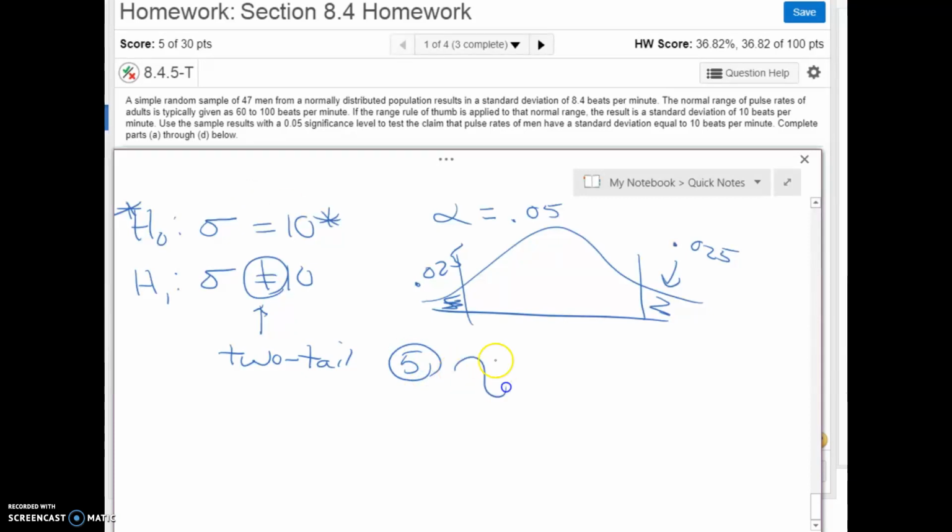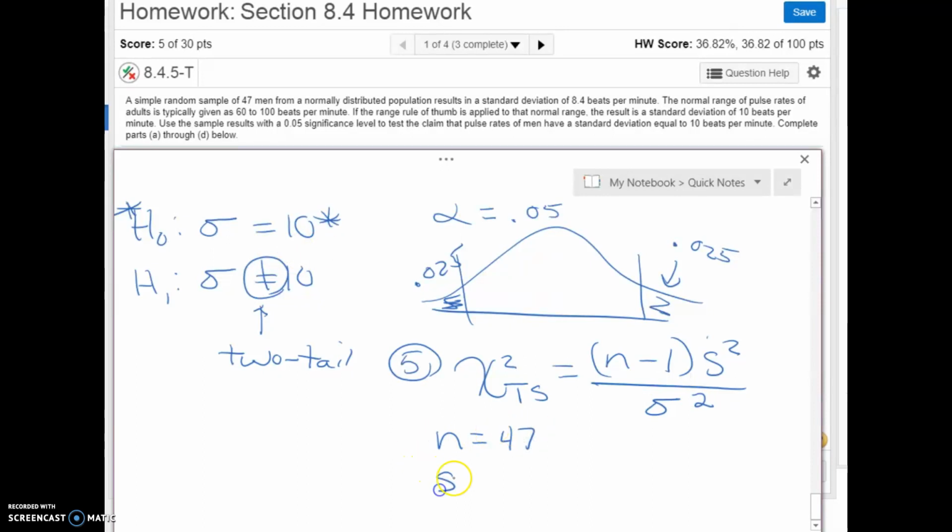So I'm going to have a chi-squared test statistic, which uses the formula n minus 1 times s squared over the population standard deviation squared. So I know n is 47.